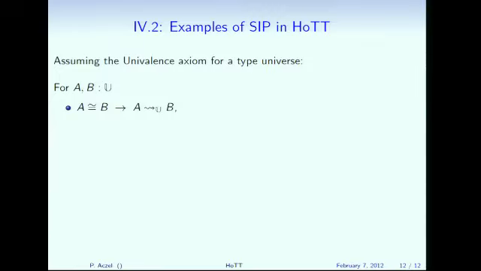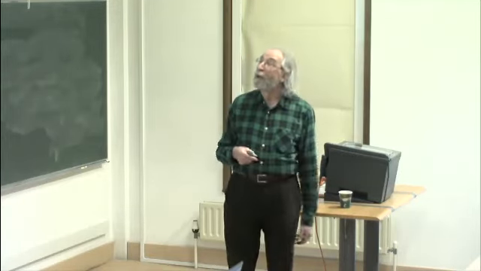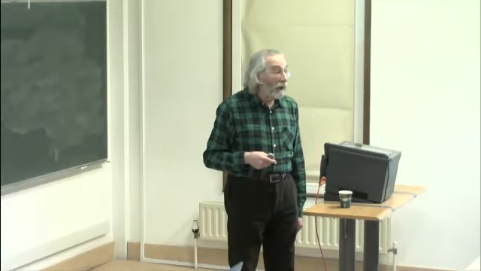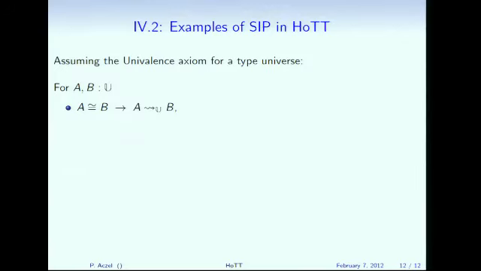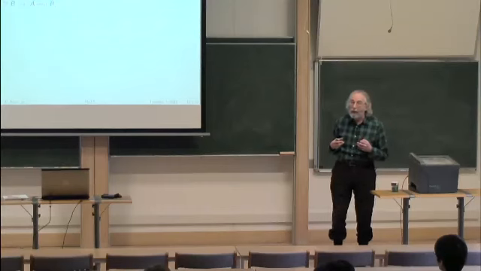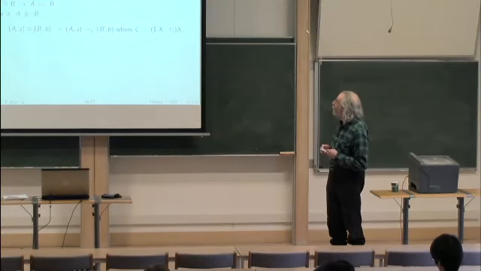If you take two types in the type universe U, the univalence axiom is saying, in a very strong sense, that if the two types A and B are in bijective correspondence, then they are identical in this sense of identical. Maybe one should put identical in quotes, because obviously the standard type theoretic notion of identity is a much richer notion in homotopy type theory than we're used to thinking about it in ordinary type theory.